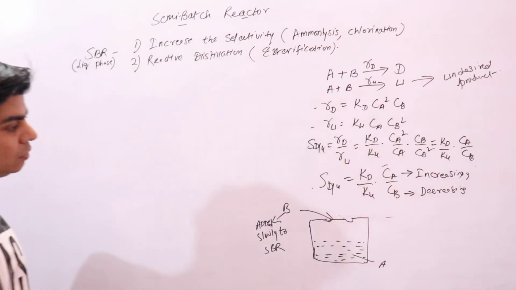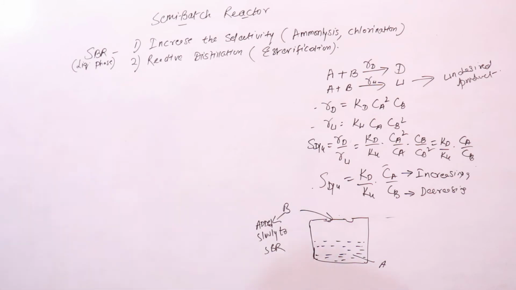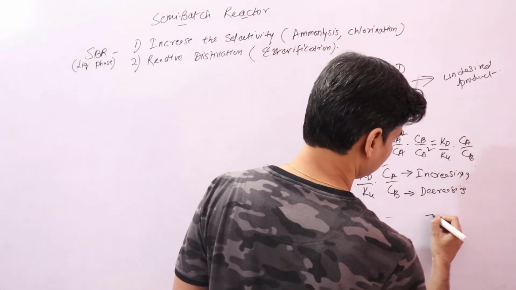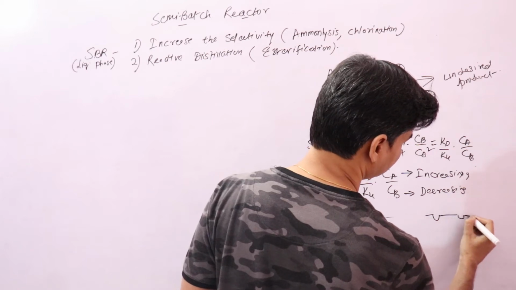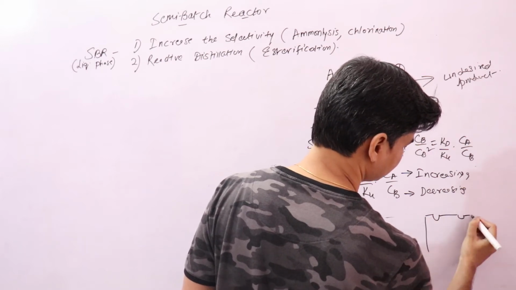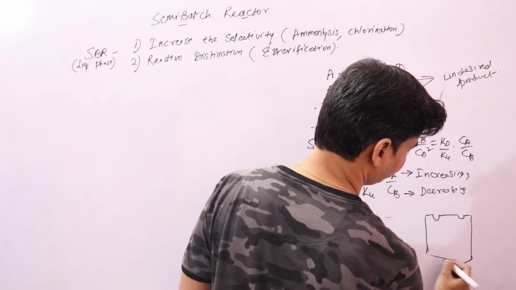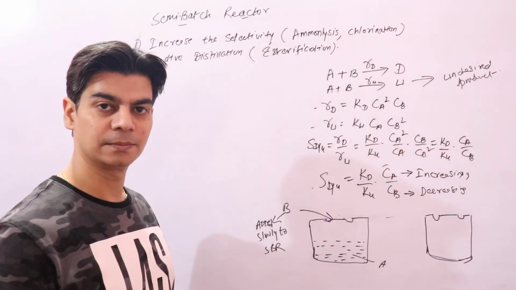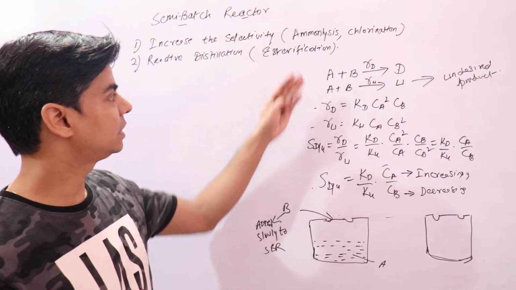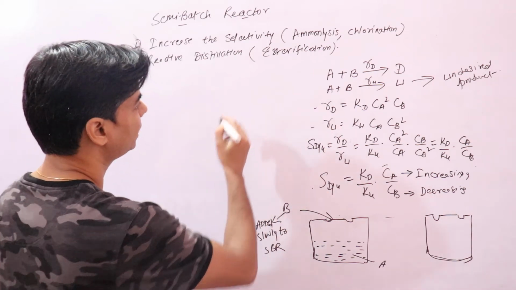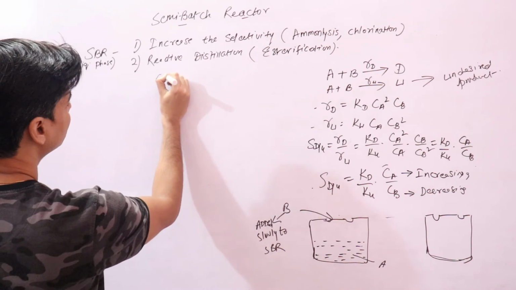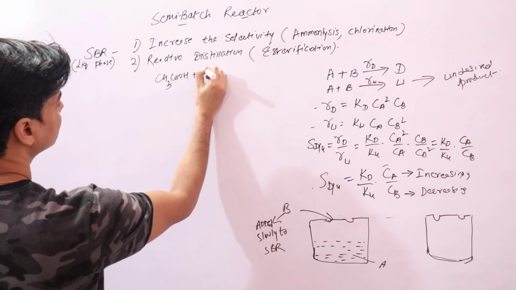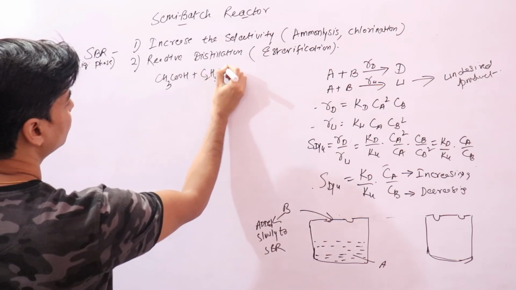Now let's look at the other example, reactive distillation for esterification. Suppose again we have a semi-batch reactor. In esterification, this is your reaction: CH3COOH plus C2H5OH.